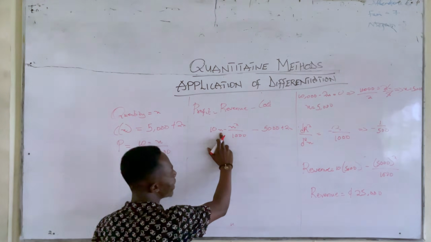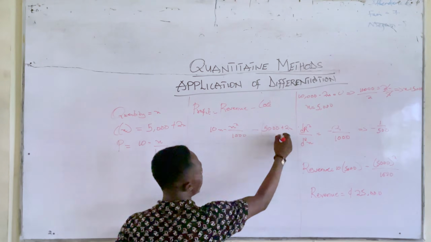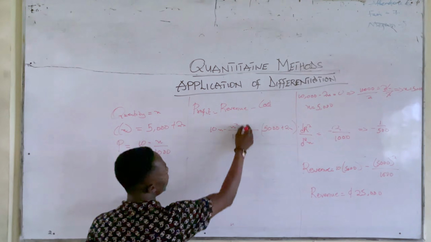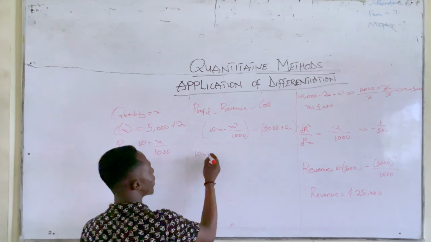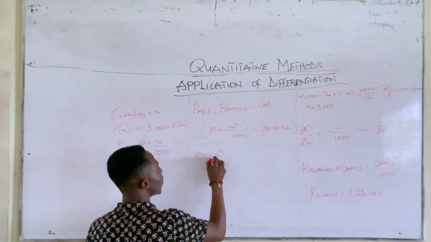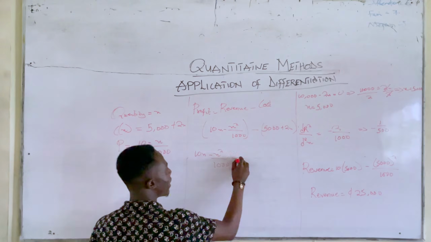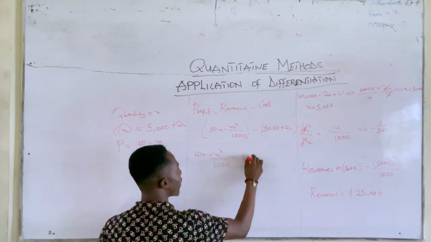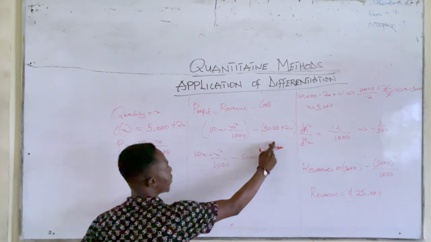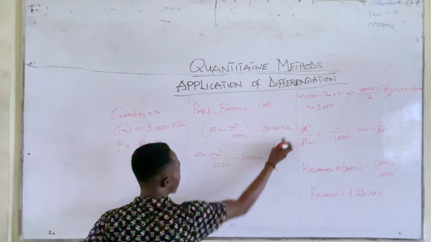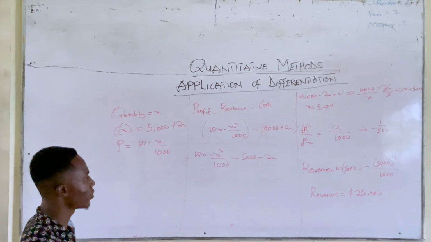So you have 10x here, right? So let's expand the bracket first. Other than that, we'll get the answer wrong. So over 1,000 minus, this negative is affecting this, so 5,000 minus 2x. Okay, so you see, if you don't bring the bracket, you have the plus here, and at the end you are going to get it wrong.